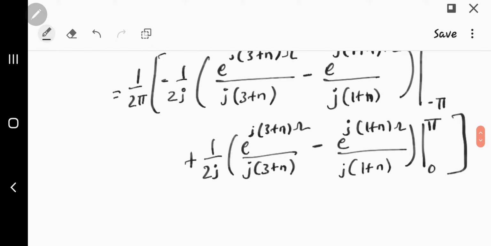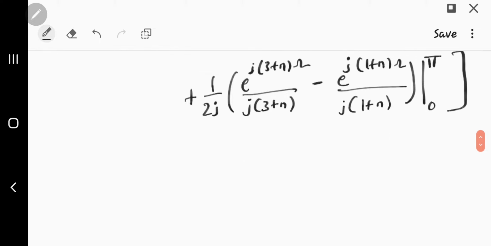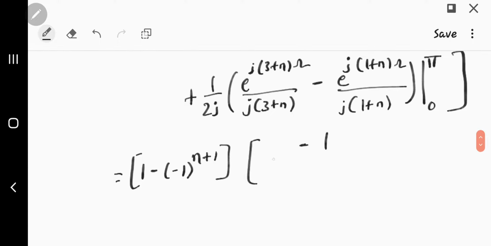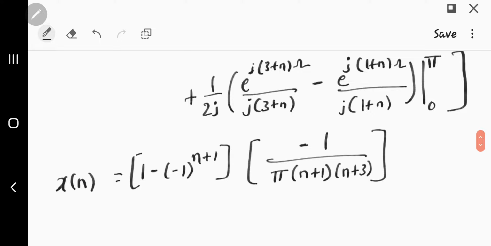I'm not going to elaborate this further. If you do so, you should get the answer like this: (1 − (−1)^{n+1}) into −1 divided by π into (n+1)(n+3). It takes much longer to simplify, so you just apply the limit and simplify.